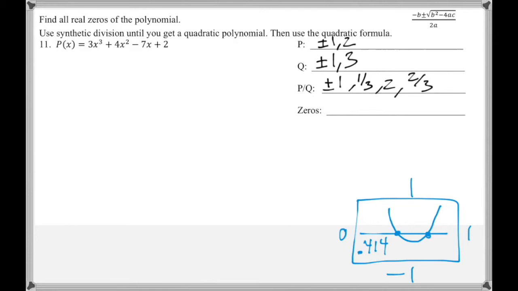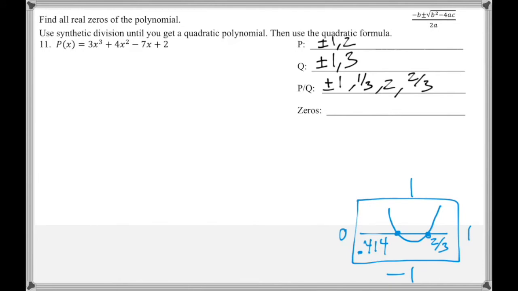The other one is 0.6 repeating, so that's actually 2/3. This is significant because we see the 2/3 in our list, but the 0.414, I don't see that anywhere here. So we're going to come back to that.